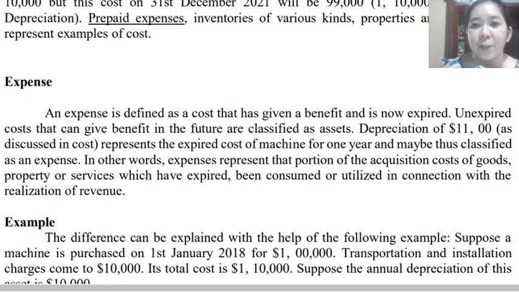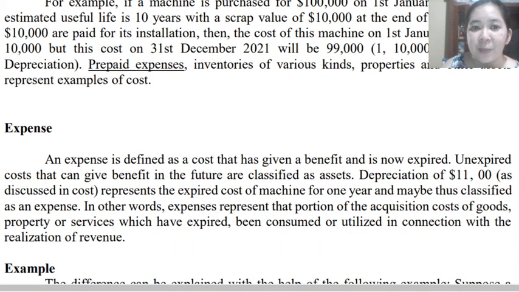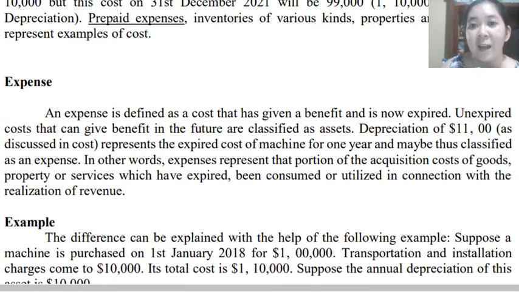So here, the depreciation of 11,000 in the previous example is the expired cost for the machine for the year. Thus, it will be classified as an expense. In other words, expenses represent the portion of the acquisition cost of goods, property, or service that has expired and been consumed or utilized in connection with the realization of revenue.